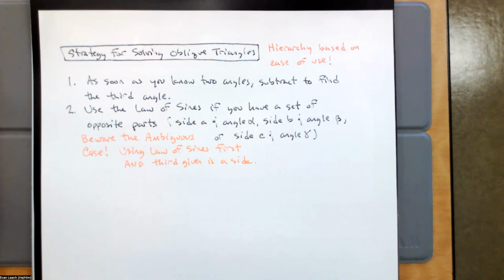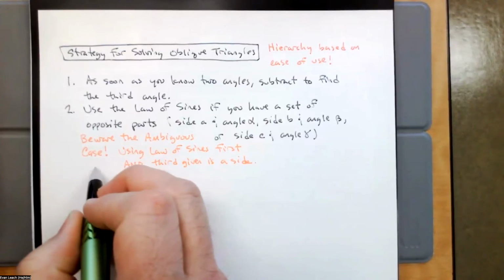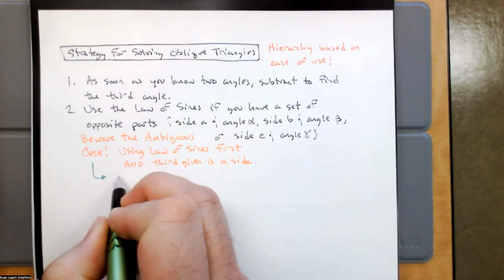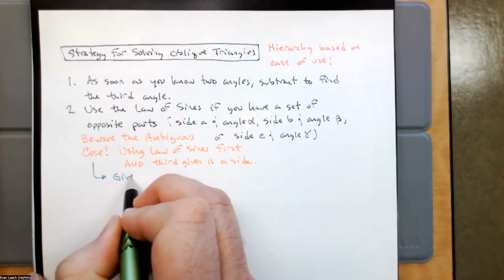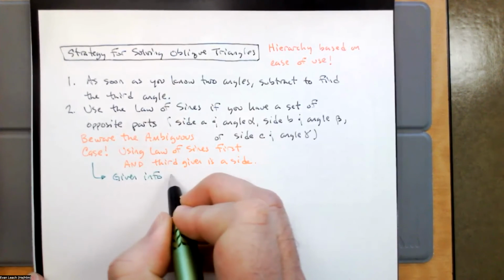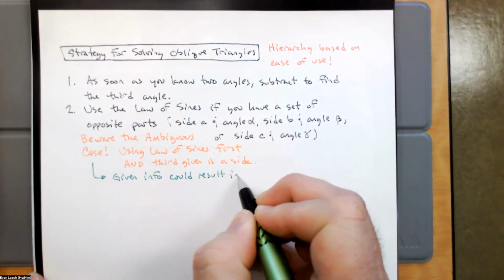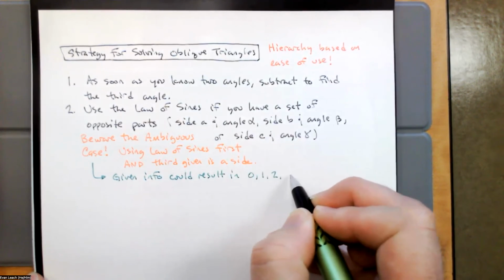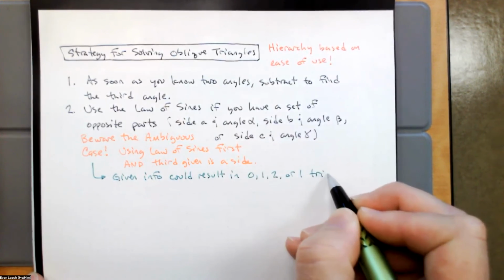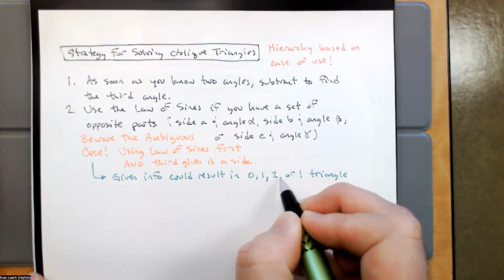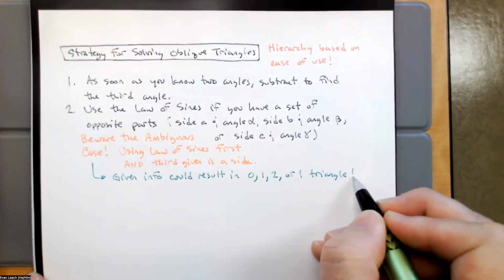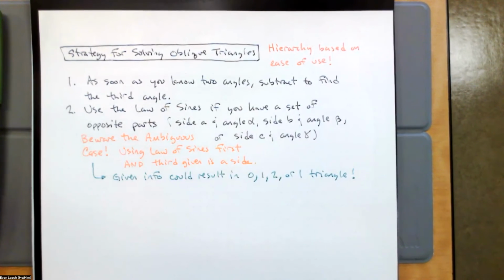The reason it's called the ambiguous case is that this could lead to 0, 1, 2, or 1 triangle. I know I said 1 twice because it could show up twice, 2 different ways. That's the ambiguous case.